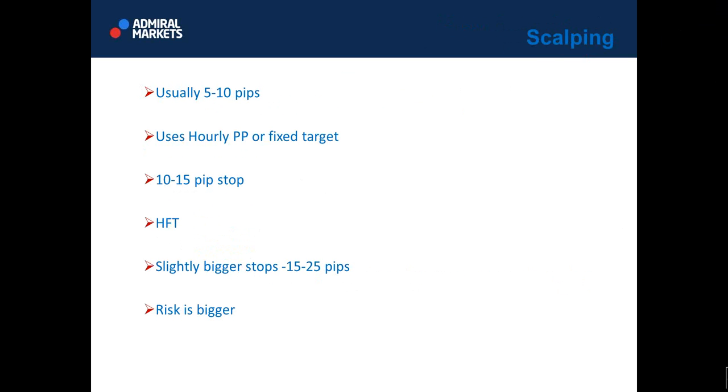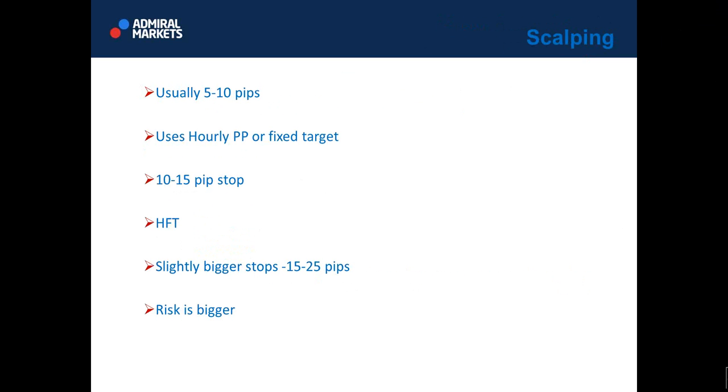So if we scalp, we take 5 to 10 pips. Most scalping systems will give you 5 to 10 pips if you make a position.